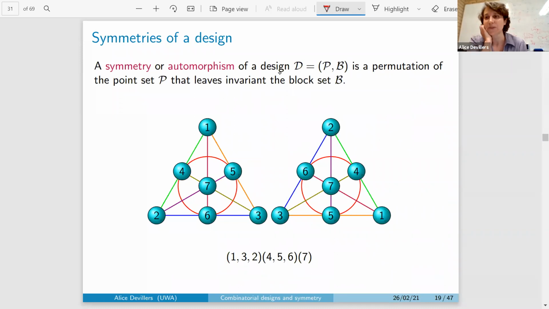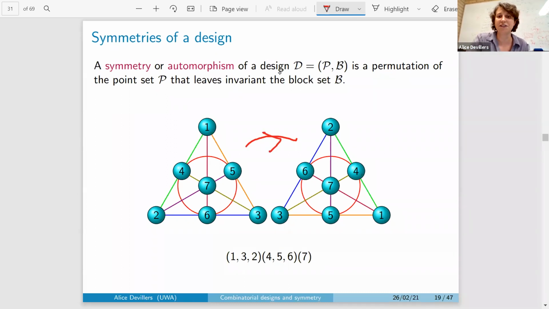Okay, so as I said at the beginning, I'm interested in symmetry. So what is a symmetry or automorphism for a design? Remember we have a point set and a block set. A symmetry, an automorphism, is a permutation of the point set that leaves invariant the block set. For instance, here I have two copies of my final planes, the example that I gave earlier, and I'm thinking of it as a before and after.